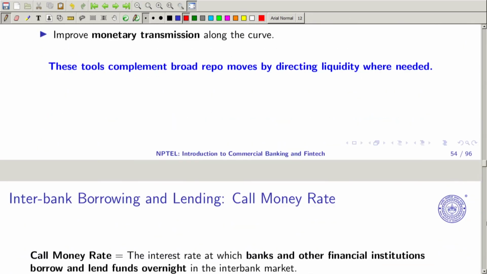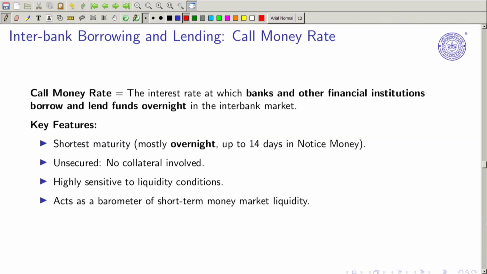So this is how we mention it, and now we'll be getting into the new topic, which is interbank borrowing and lending. Till now what we saw was RBI and commercial banking.